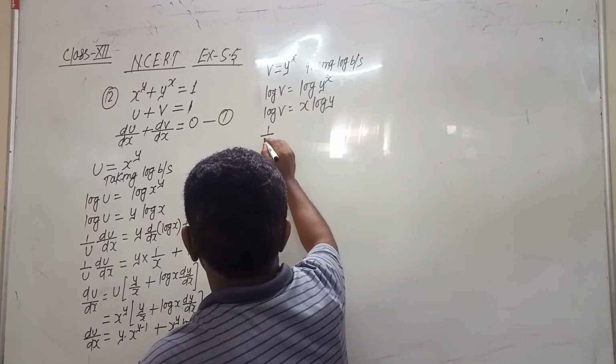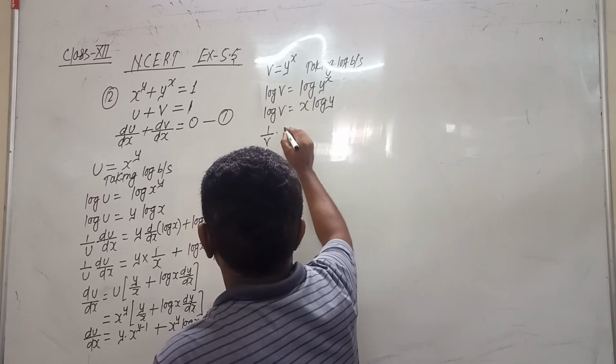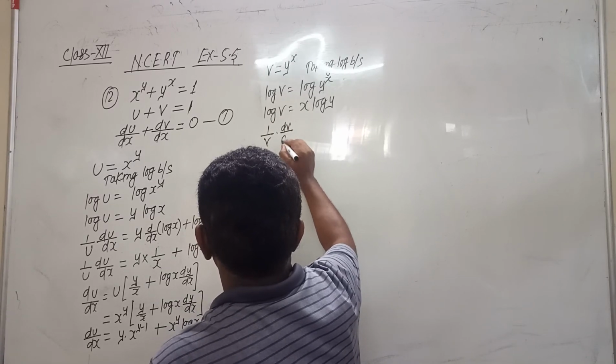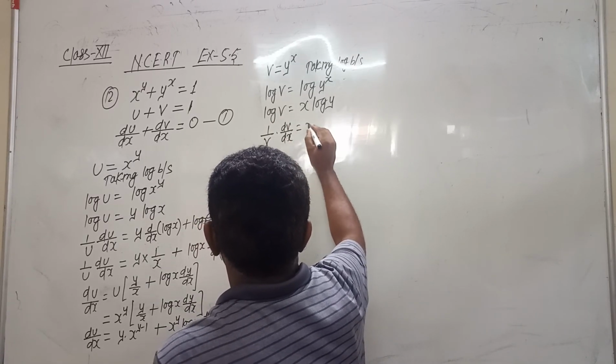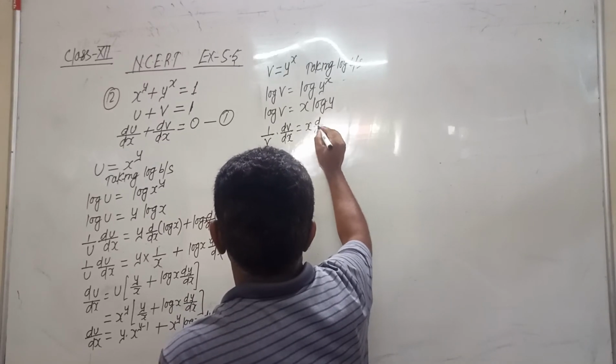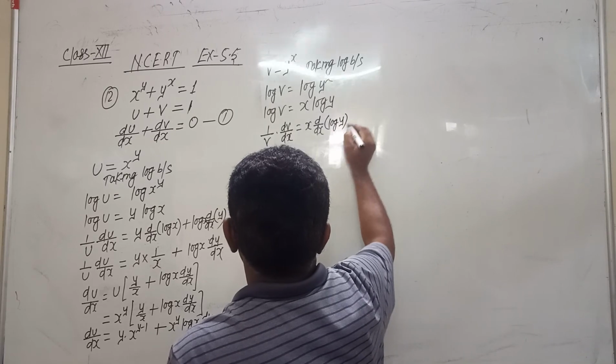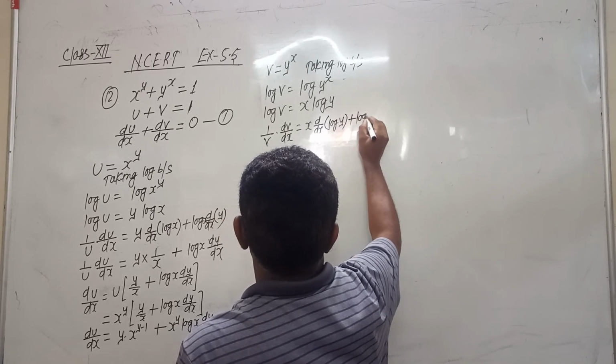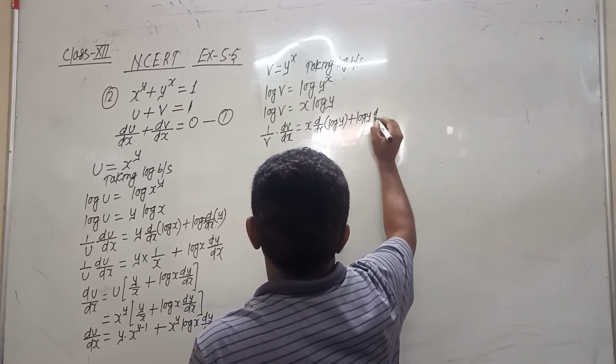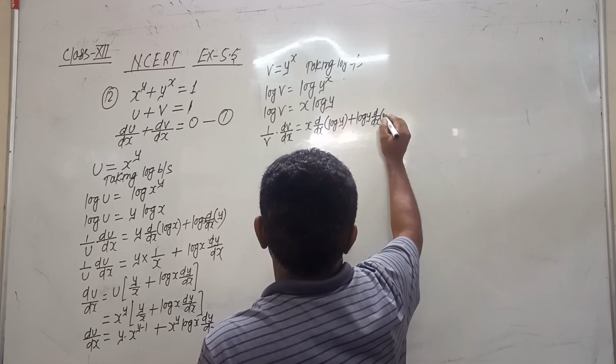Differentiation of log v is 1 by v, drop log, differentiation of v is dv by dx. On the right side, x as it is and dy by dx of log y, plus log y as it is and dy by dx of x.